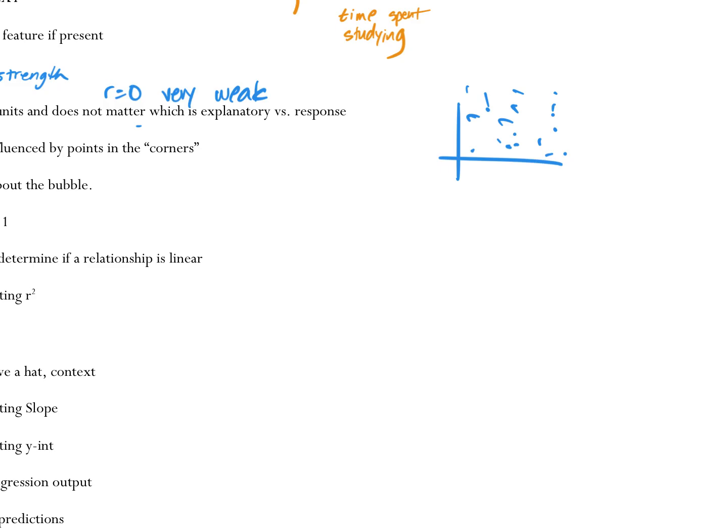R is very heavily influenced by points in the corners. What I mean by that is, if you think about this being X bar, this being Y bar, the means of my X's and Y's, and most of the points in your scatter plot are in these two corners, you're positive. So these are the positive corners, and these are the negatives. That doesn't look negative, but it is.